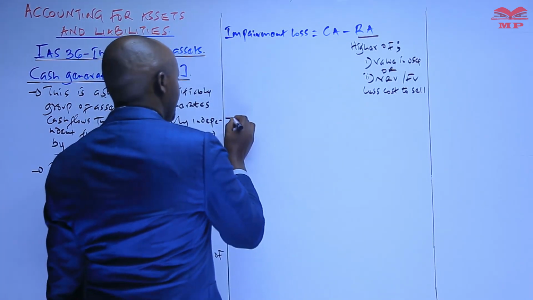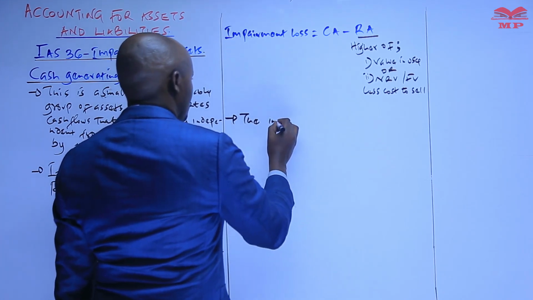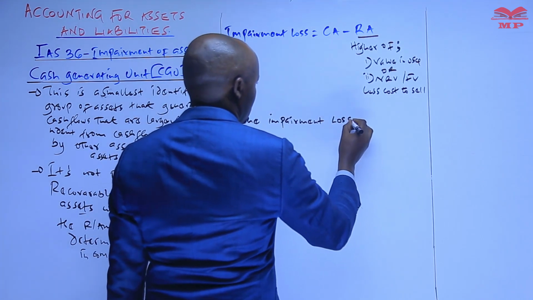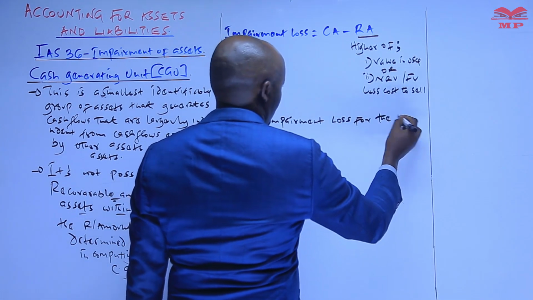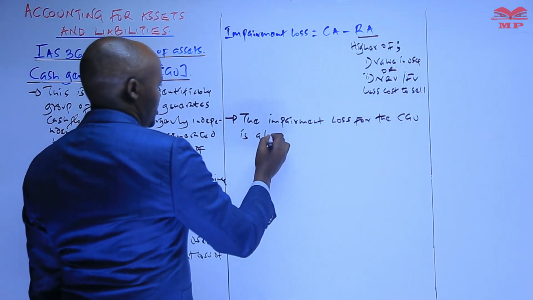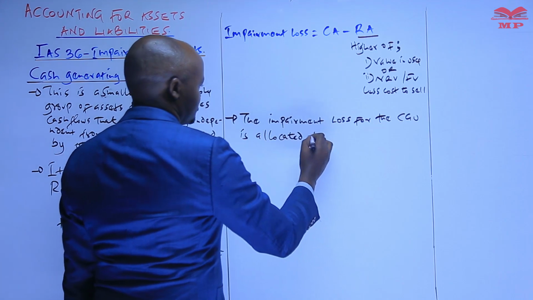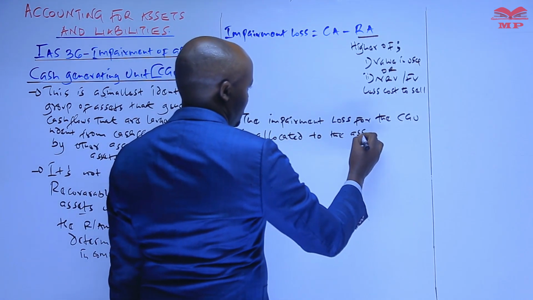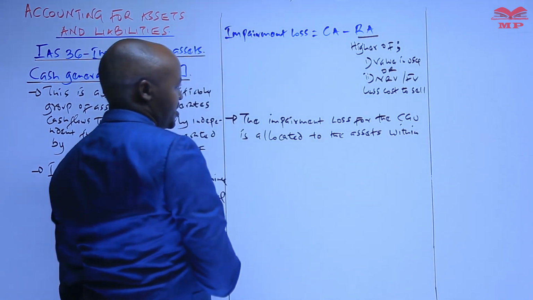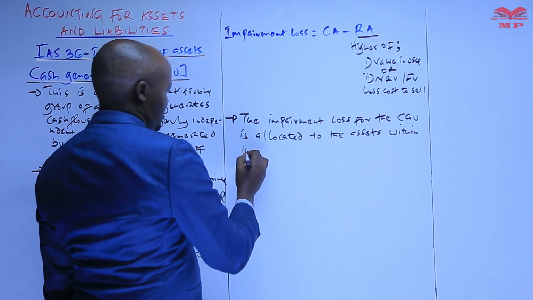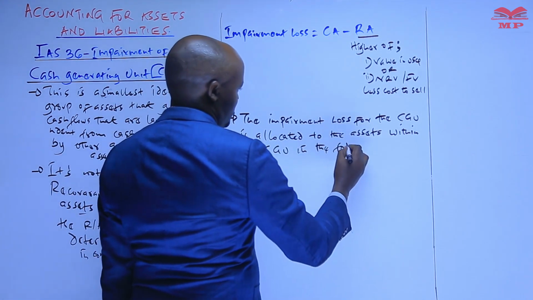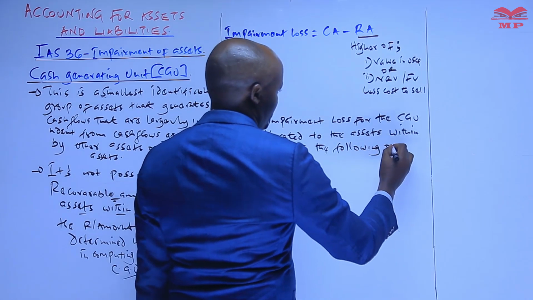So the impairment loss for the CGU is allocated to the assets within the CGU in the following order.